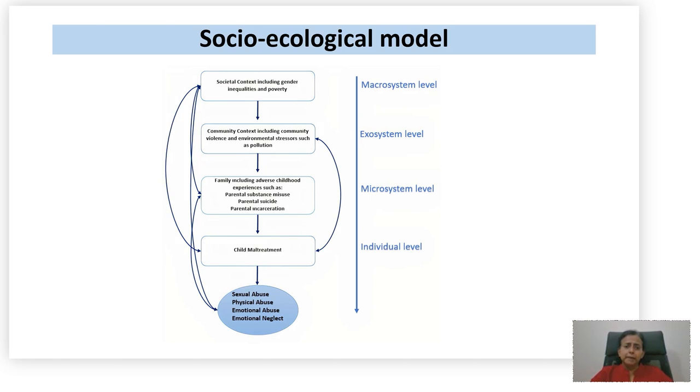So when you look at the macrosystem or the society, where society is prone to have poverty or there is violence in the society, the exosystem where the community is also affected, thereby the microsystem, the family unit, parental disharmony and family unit is affected, that results directly as well as indirectly onto child maltreatment, which is manifested as sexual abuse, physical abuse, emotional abuse, and so on, or emotional neglect as well.